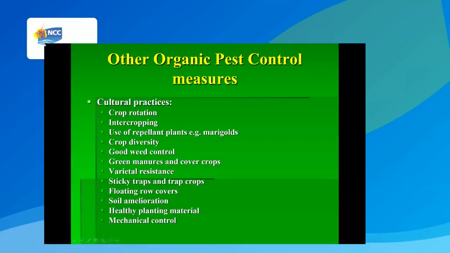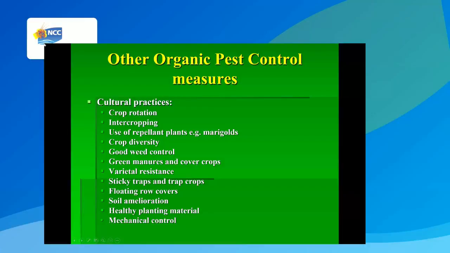More recently, there's a thing called a floating row cover, which is a very light mesh material that sits on top of the crop. It doesn't damage the crop at all, but it prevents entry of various pests into your crop because of the fine woven nature of it.